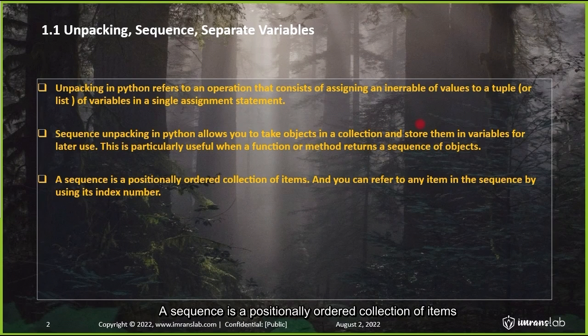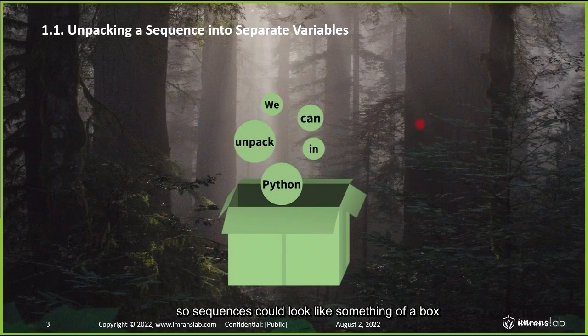A sequence is a positionally ordered collection of items, and we can refer to any item in the sequence by using its index numbers. So sequences could look like something of a box, a list which would contain, for example, Python, or how we can unpack in Python.